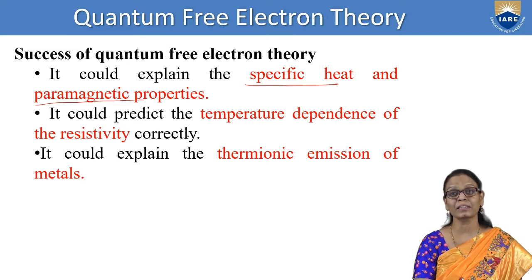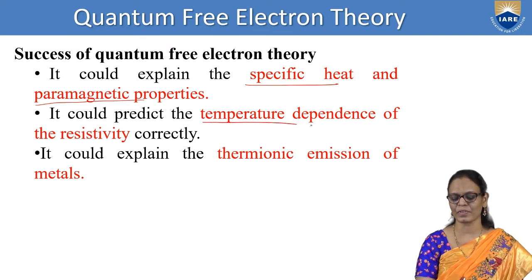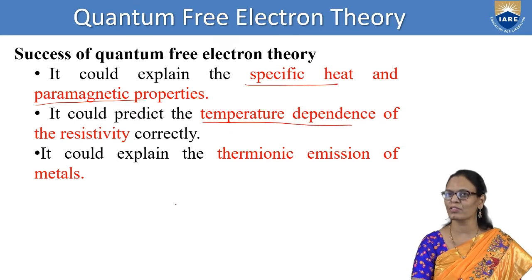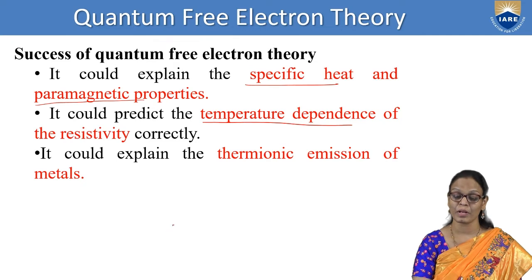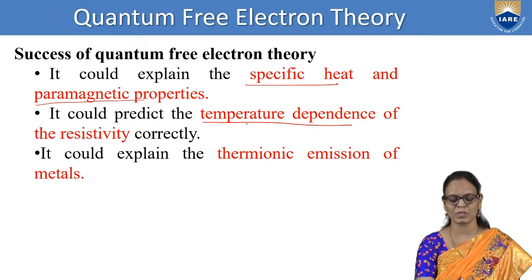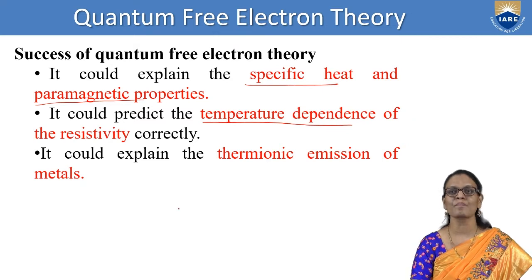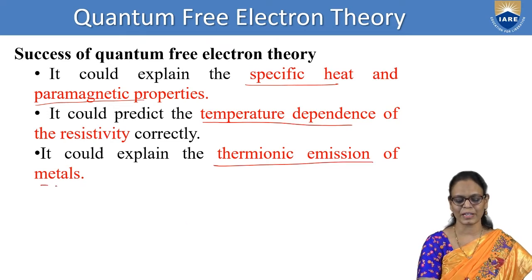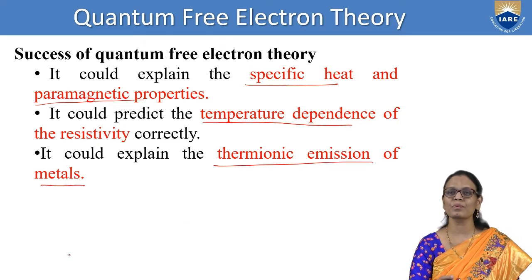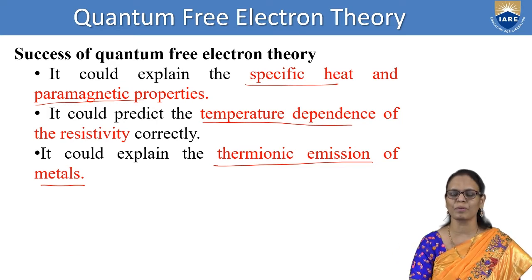Then it could predict the temperature dependence of resistivity also. The free electron theory could not explain the temperature dependence of resistivity, but with the help of quantum free electron theory, this could also be explained. And they could also explain the thermionic emission of electrons from metals. That means, how do you make the electrons come out of the metal?